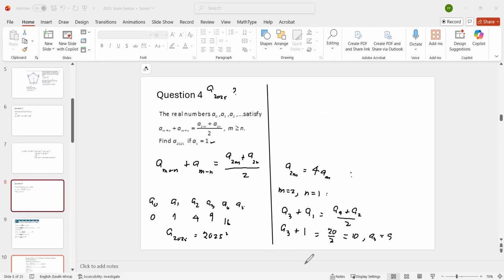And chances are you'll be quite right. But in our case, we don't want to go that route. We want to prove that a_n is n squared. We have to prove it.